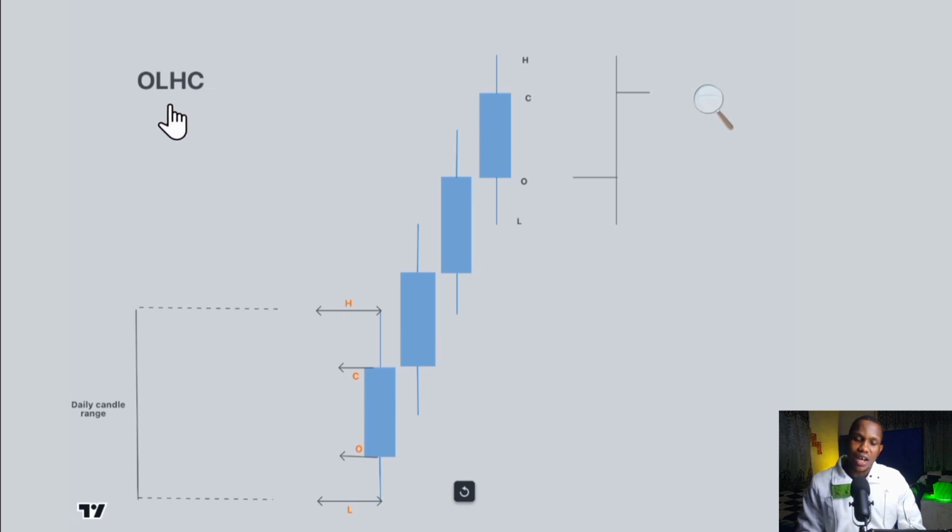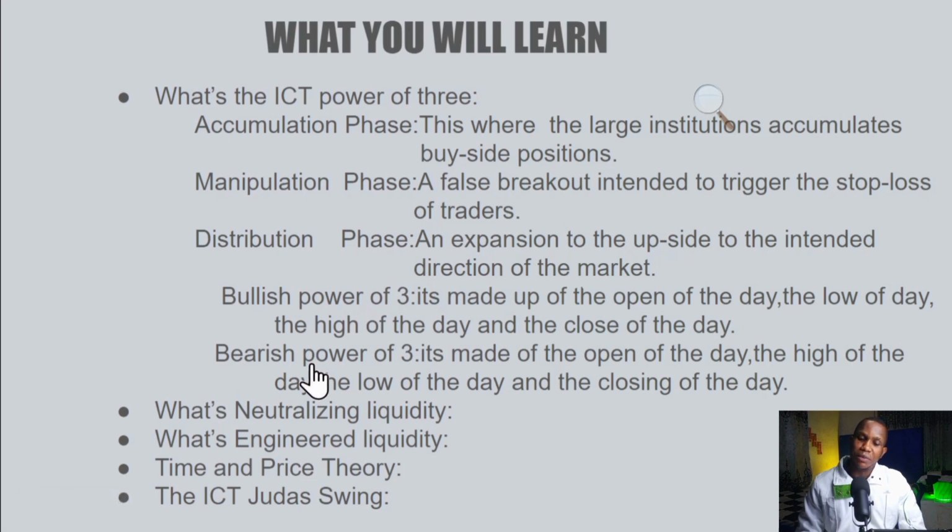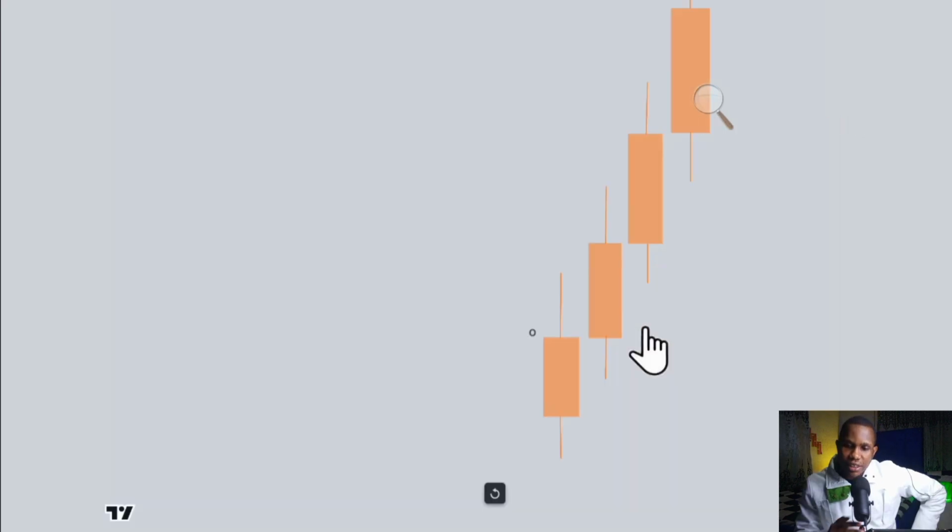So let's take a look at the bearish power of trade. The bearish power of trade is made up of the opening of the day, the high of the day, the low of the day, and the closing of the day. This is the bearish power of trade representation here, and this represents each daily candle. It starts from the opening of the day, to the high of the day, to the low of the day, and the closing here.